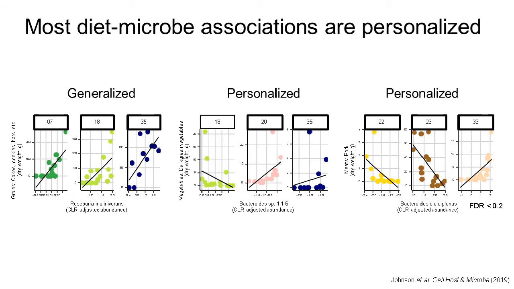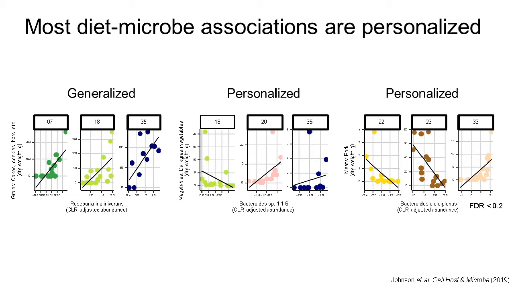The other interesting thing that we were able to do is, because we had longitudinal data, we were able to ask whether a particular food was associated with a particular bacterium in each person.